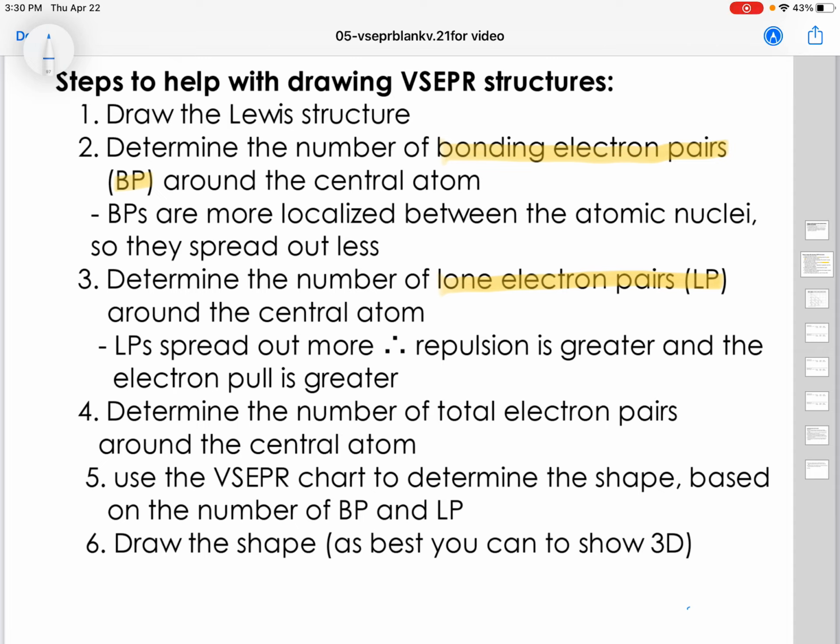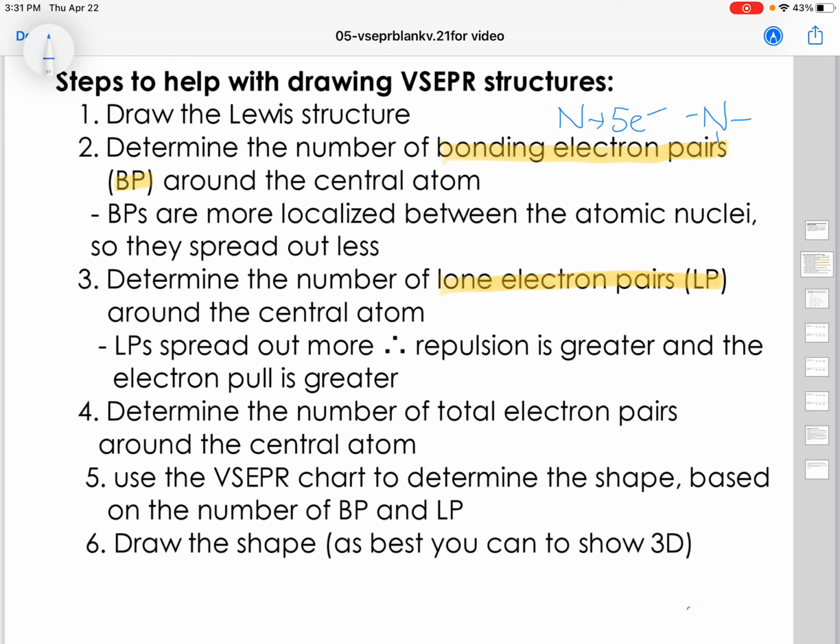So if you had, let's stick with no carbon, let's do something like, say, nitrogen. Nitrogen has 5 valence electrons. And what we're going to see is that means it needs to make 3 bonds.